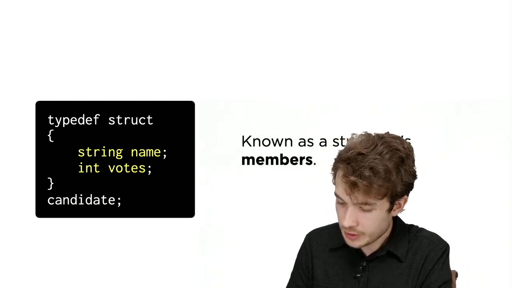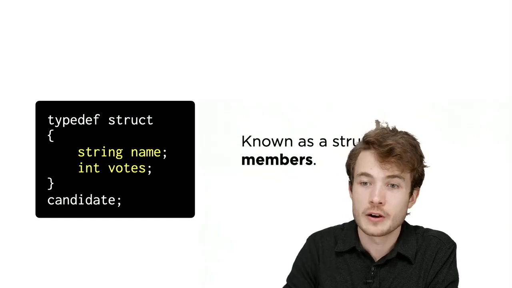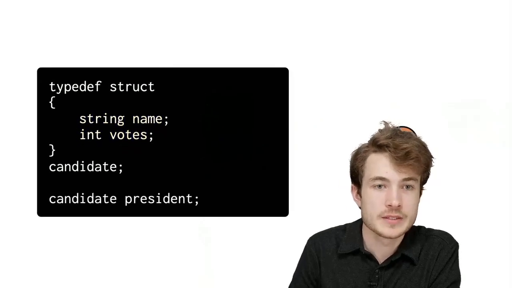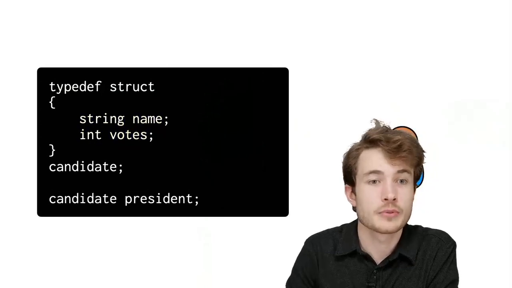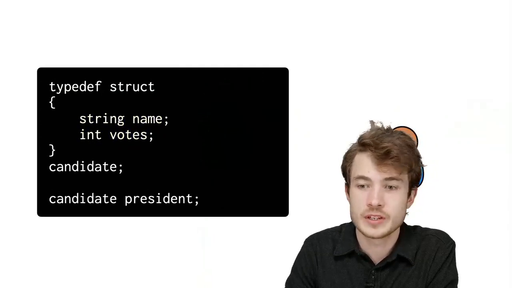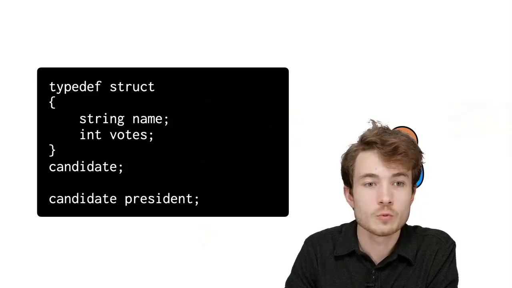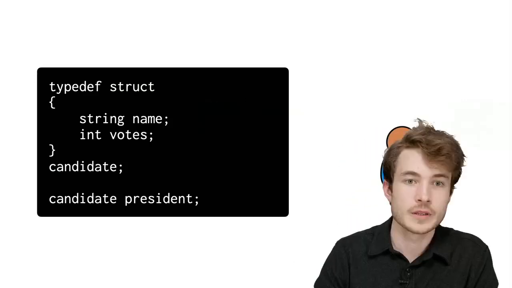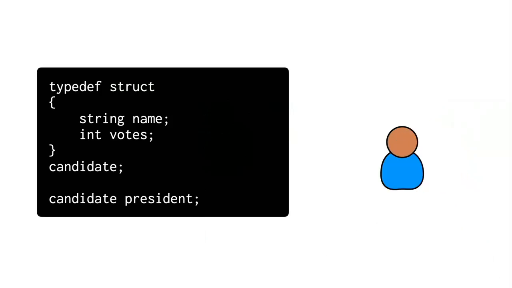So let's consider here actually making our very own candidate. So we'll go through here and say, let's create a candidate called president. And we'll, on the right-hand side, have this picture of a candidate here. Now, if we want to give this candidate a name, we could do so like this.